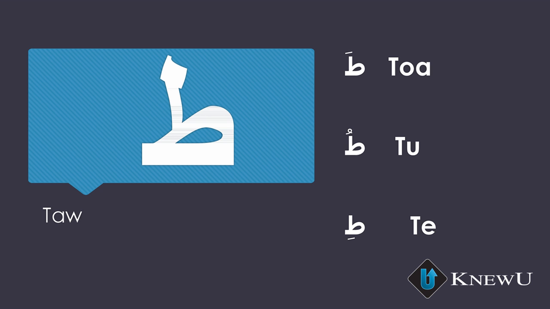So ta fatha ta, ta fatha ta, ta fatha ta, ta dhamma tu, ta dhamma tu. You're puckering your mouth and holding in the air, and then you just let it loose. Tu, tu.